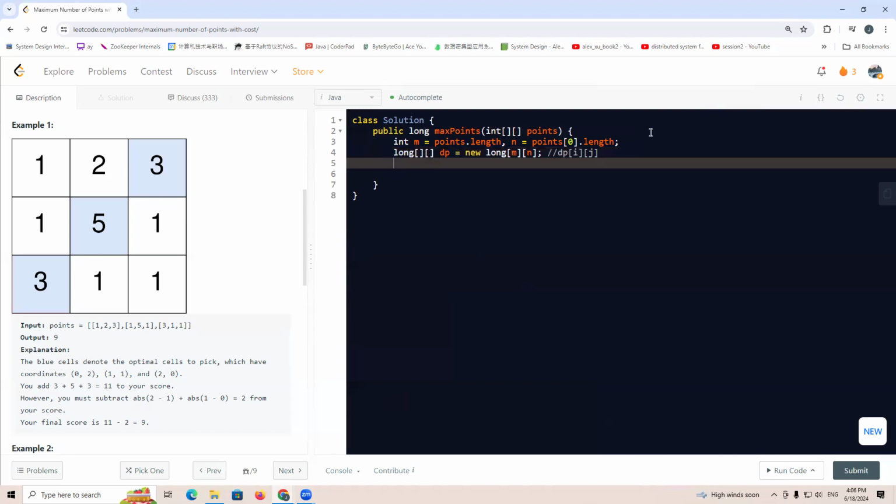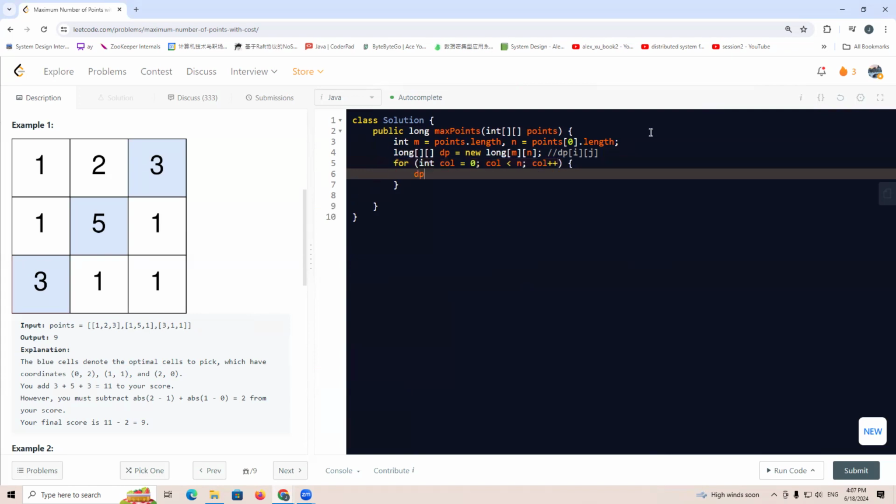And initially for the first row, we can set the initial value. It will be the points first row, right? So let's do int column equals 0, column smaller than n, column plus plus.